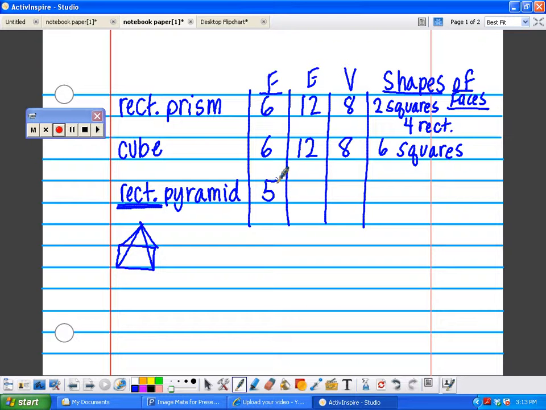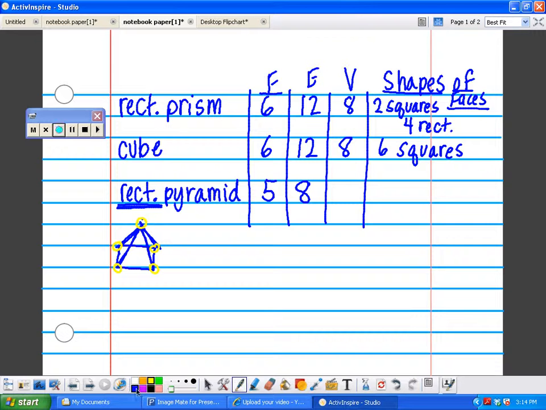So I have 1, 2, 3, 4. Now my one's going up to my point. 5, 6, 7, 8. 8 edges. What about vertices? 1, 2, 3, 4, 5. Okay, 5 vertices.